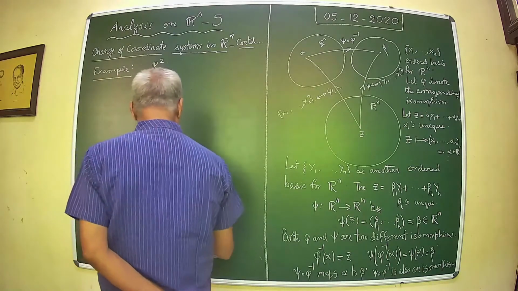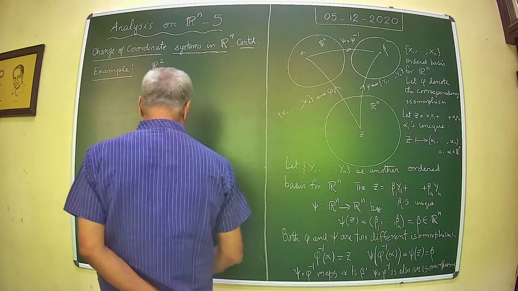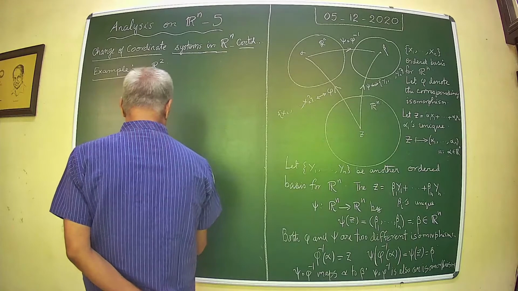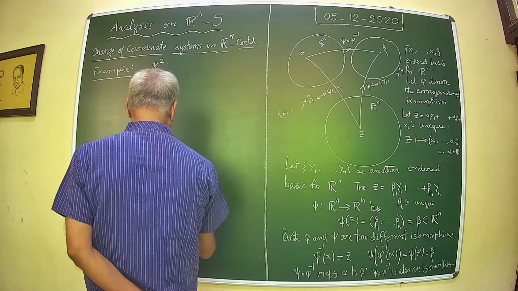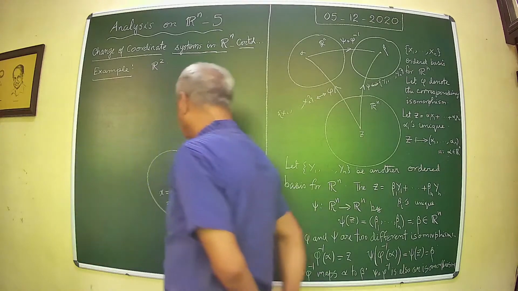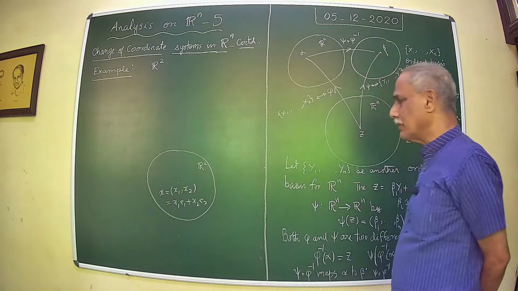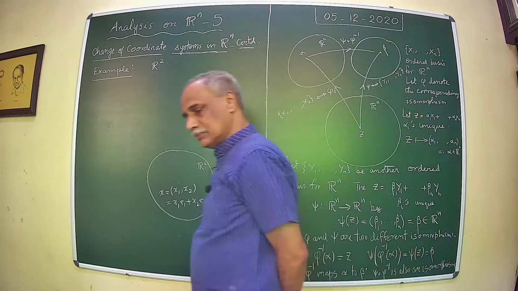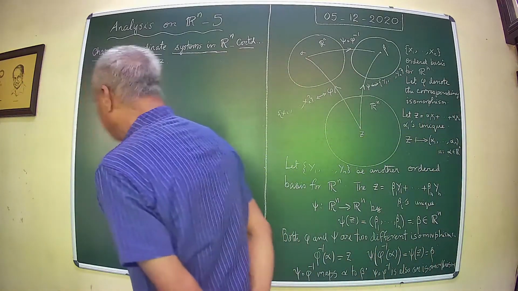That means we already have the meaning of this is your x. This is equal to x1 e1 plus x2 e2. So our basic reference system is e1, e2. Now what do we do?